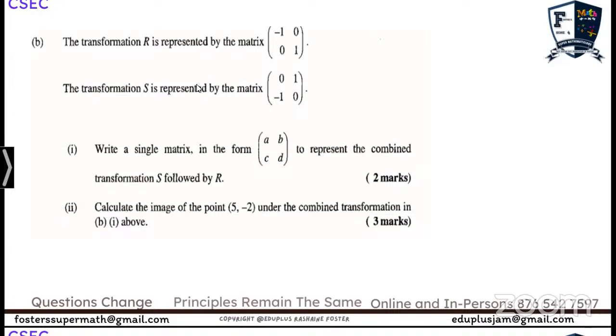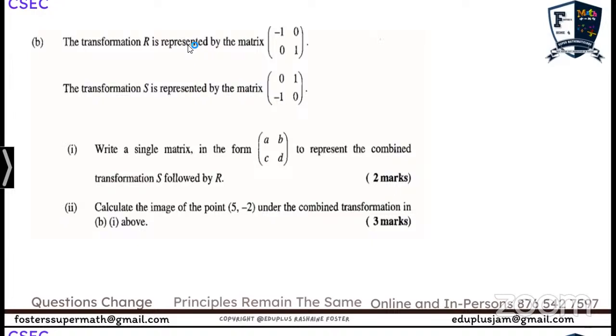Then it now says calculate the image of, and what do I always tell you? Once they ask you to actually figure out what a transformation is, they will then ask you to use it to find an image. 5 easy marks right here. I am giving you about 5 minutes. You don't even need so many minutes, but I'm giving you 5 minutes to see if you can get those 5 marks perfectly correct.